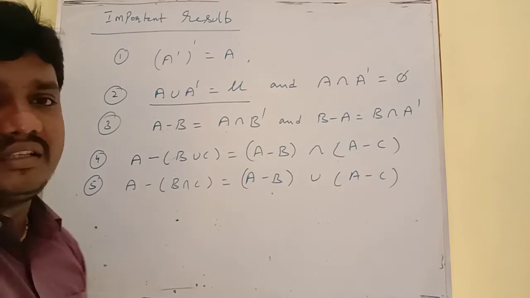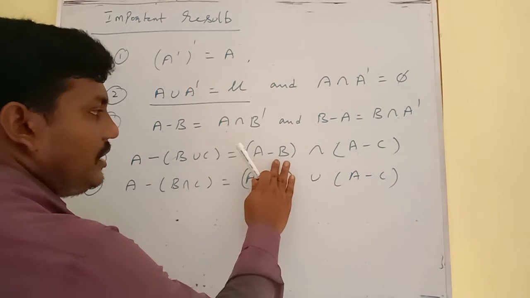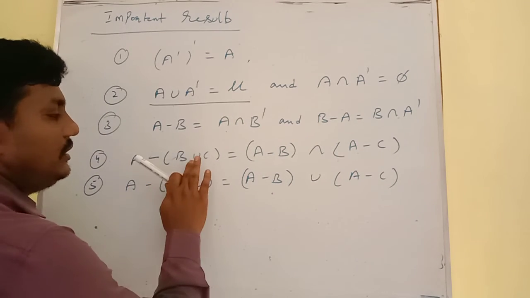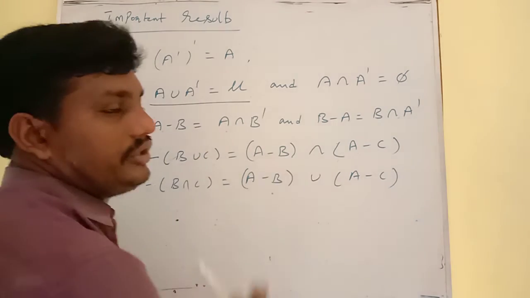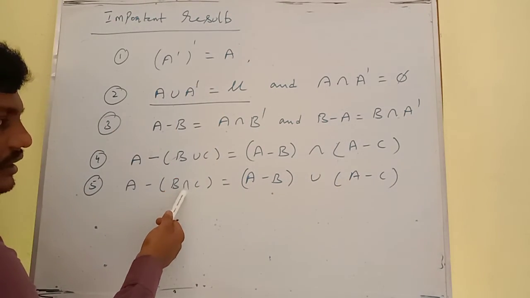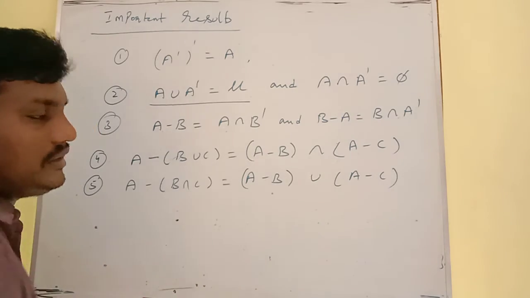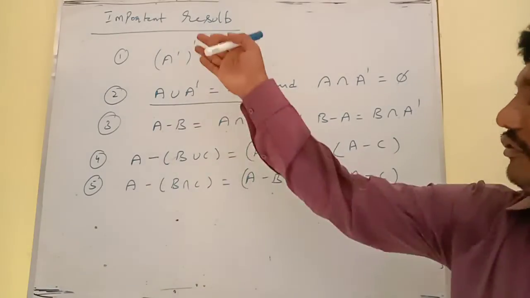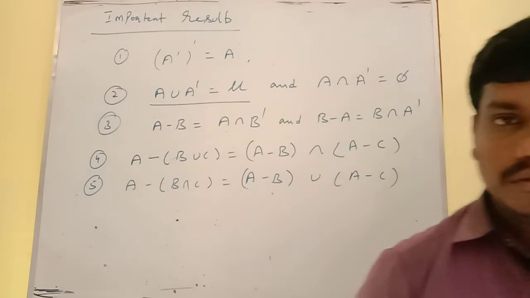A minus B union C can be written as A minus B intersection A minus C. If minus goes inside the bracket, the union becomes intersection. In the same way, dual nature: in the place of union we can say intersection, and in the place of intersection we can say union. That is called the dual nature of sets. Like that, we have verified some important results.